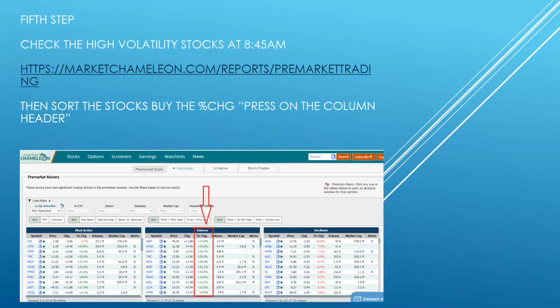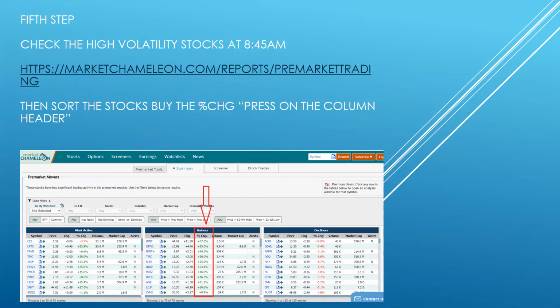Now, every single day in the morning, as we know, at 9:30 a.m., the New York stock market will open, New York time, of course. I would suggest that 45 minutes before the market opens, you check which stocks are moving quickly. They call it high volatility.